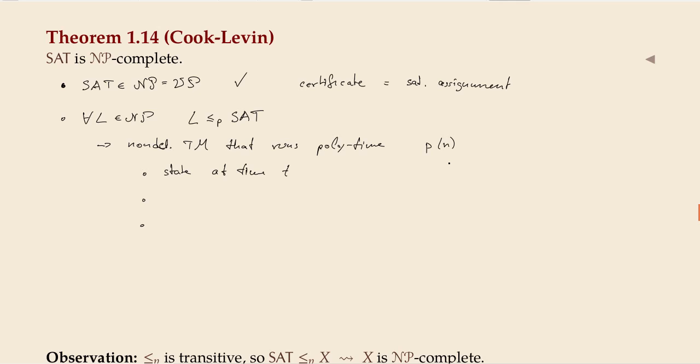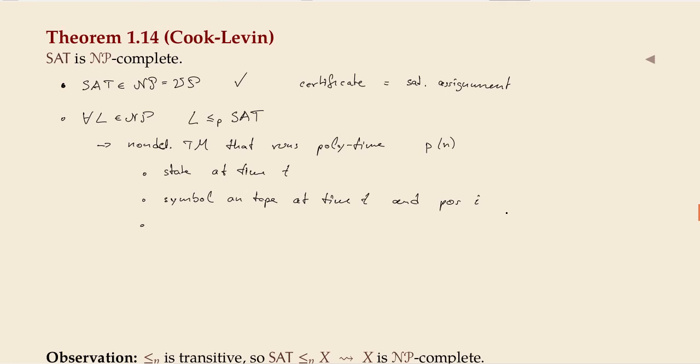Afterwards, it must have finished. Otherwise, we can ignore that run. It can't be accepting. Then we have the symbol on the input-output tape at time t and position i. And again, we know that i only has a polynomial range.